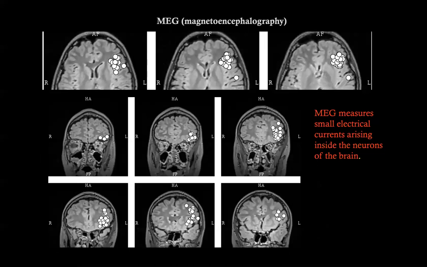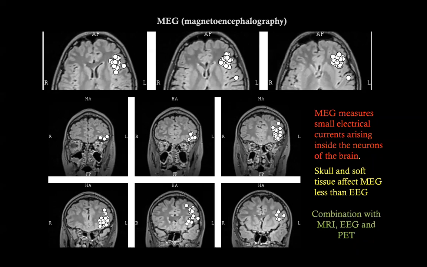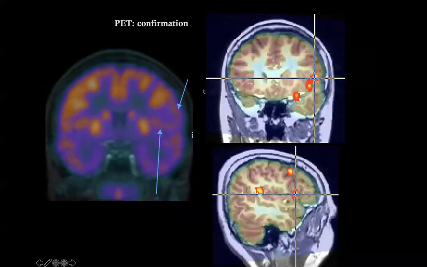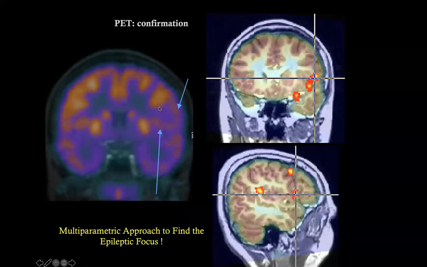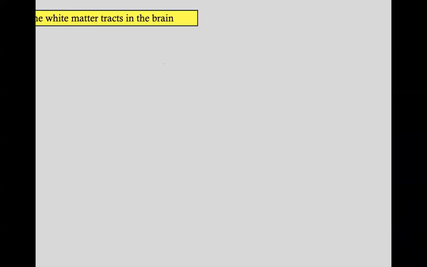There are not many MEGs around, but this is very, very helpful, because in comparison to EEG, the skull and soft tissue affect MEG much less. We can actually use a combination of the MRI that I showed before, the EEG, MEG, and the PET. This is the same case with confirmation of the area with the hypometabolism. So a multi-parametric approach is very, very important.